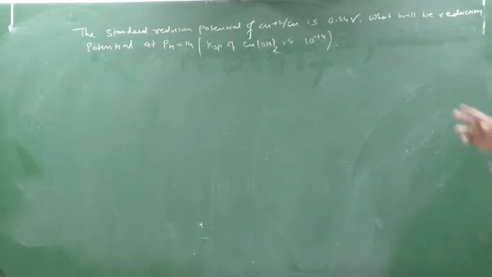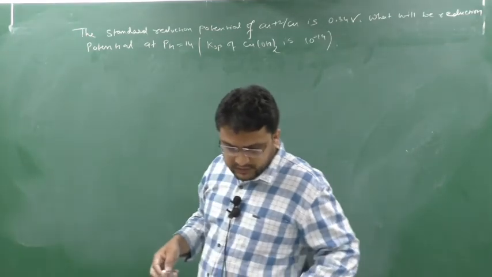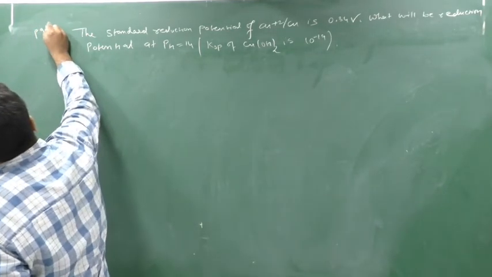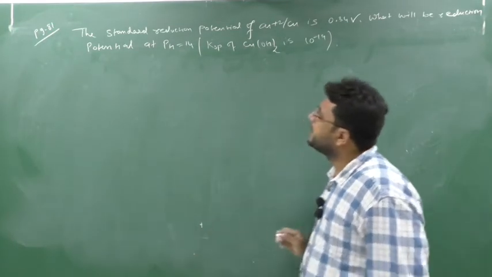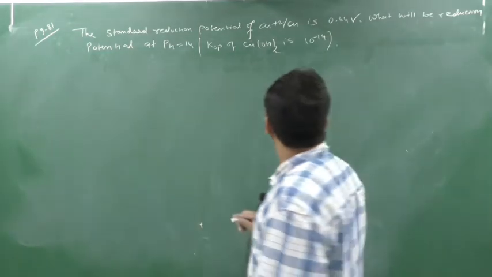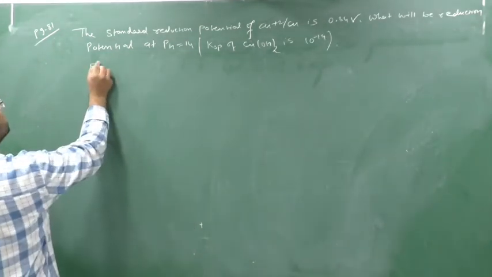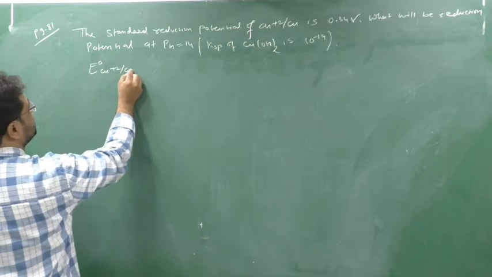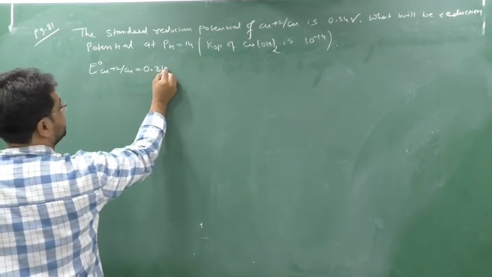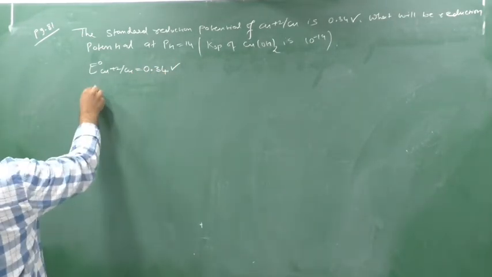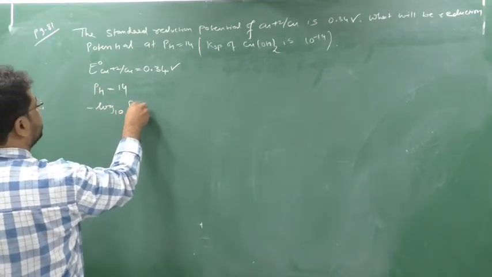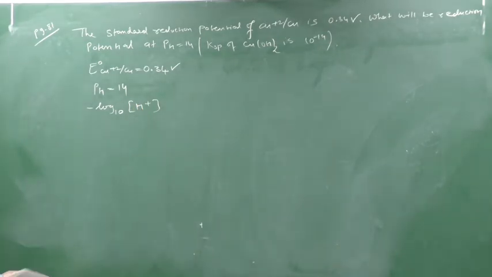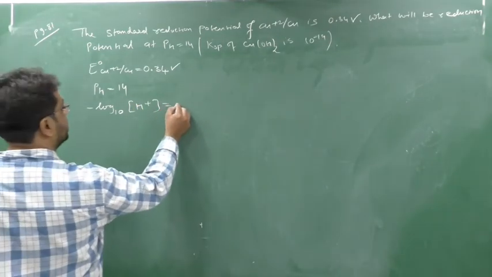We'll see this. Here they have told the Ksp. Okay, so now see the question. This question is on page number 81, MTG. The standard reduction potential is 0.34 volt, meaning E0 Cu plus 2 slash Cu equal to 0.34 volt. pH 14 they have given, so beta, pH equal to 14 means minus log to the base 10 concentration of H plus equal to 14.